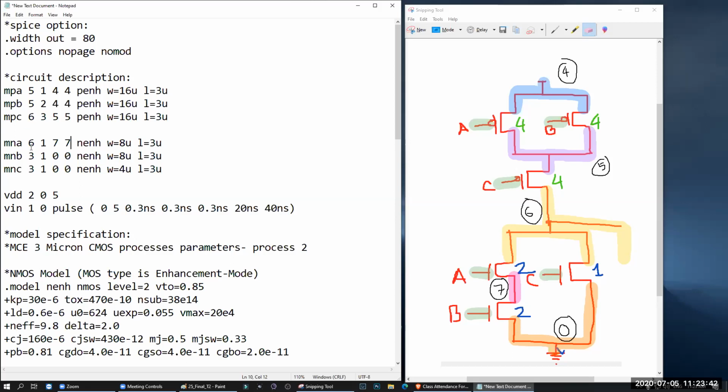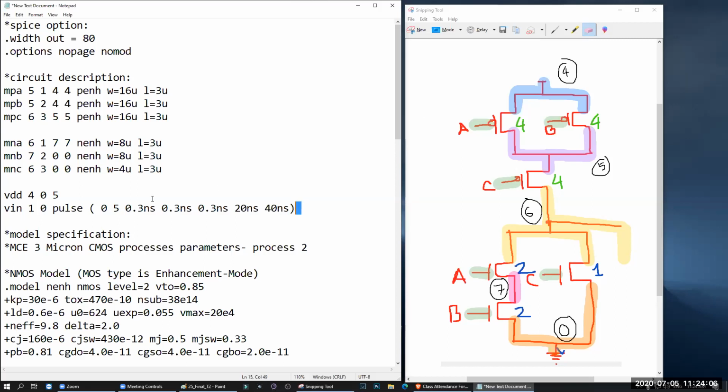So 7, 2, 0, 0. For C: drain, gate, source, body. That means 6, 3, 0, 0. That's it. Now your VDD is 4, right? That means pin number 4, so node number 4. So 4, 0, 5.